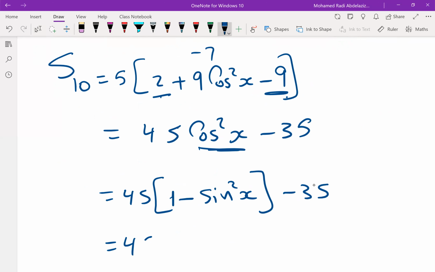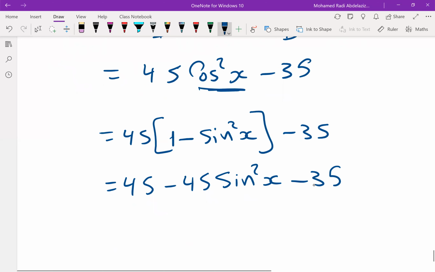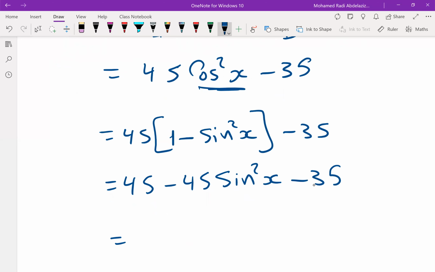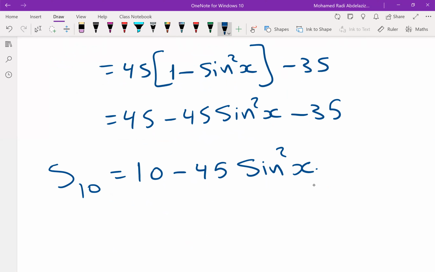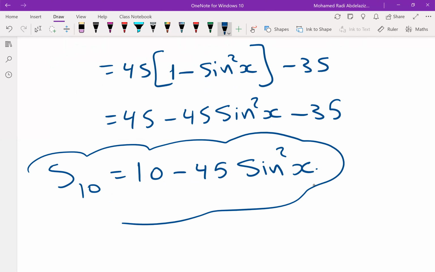Simplify: 45 minus 45 sine squared x minus 35. 45 minus 35 will be 10, so the answer is 10 minus 45 sine squared x. This is S10. It asked to show that you can write the sum of the first 10 terms in this form.